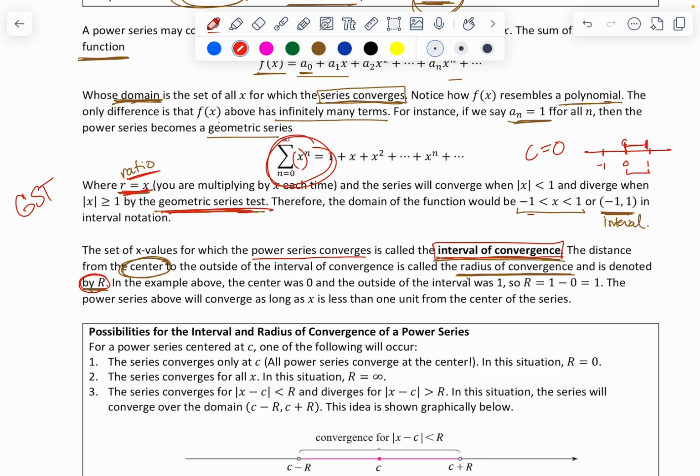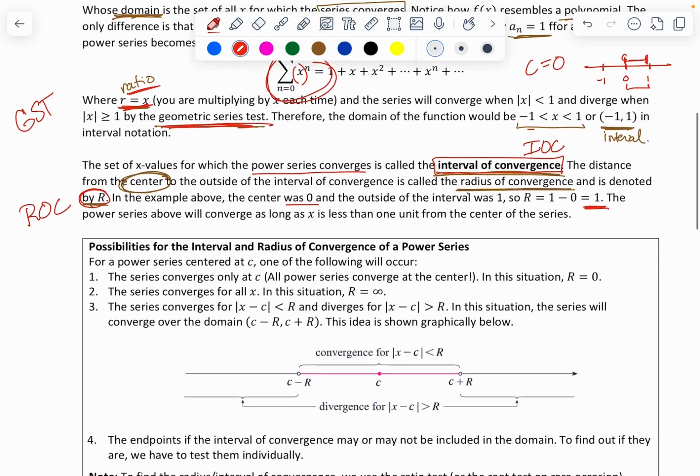We denote it by calling it R or ROC, and for the interval of convergence, we call it IOC. In the example above, the center is 0 and the outside of the interval was 1, so R is equal to 1, like we just said.